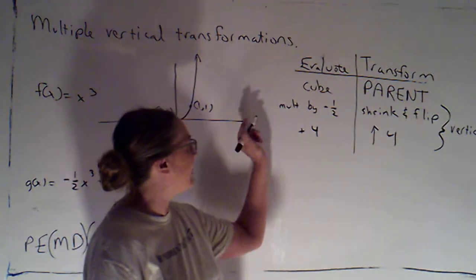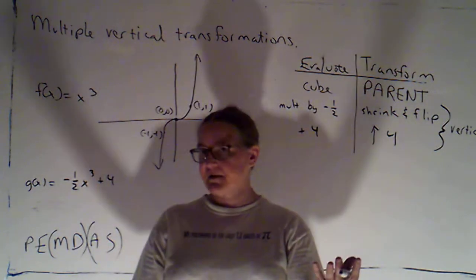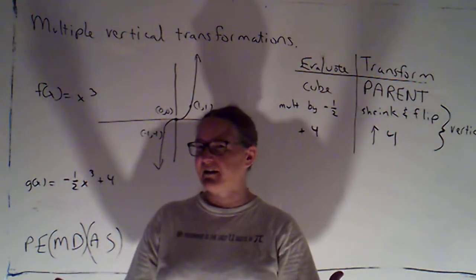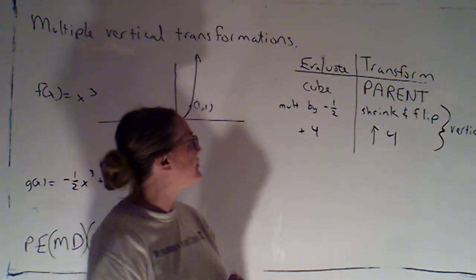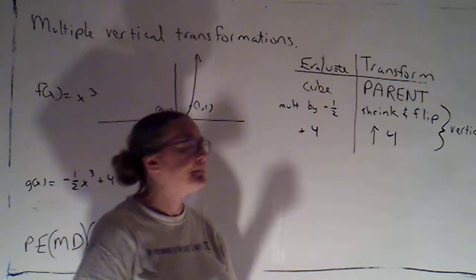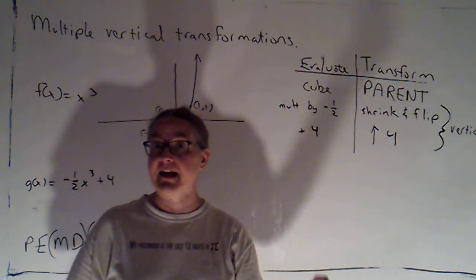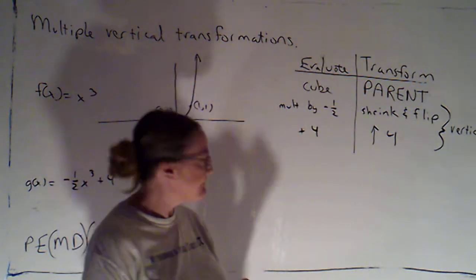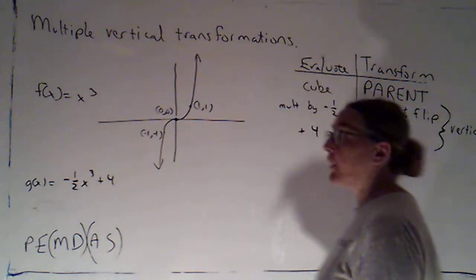You can say multiplying by -1/2 is multiplying by -1 and by 1/2, and you can do those one at a time. I think it's simplest since it's just multiplying by a negative number to just do those at the same time. If you did them separately, it doesn't matter which you do first, the -1 or the 1/2. All right, and then adding 4, that's going to shift things up 4.